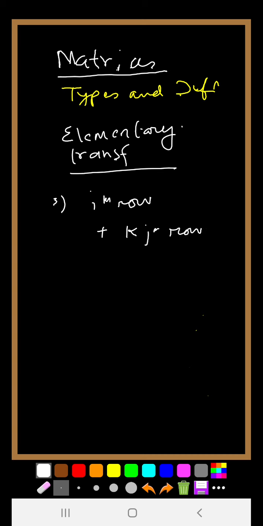Then this is called the row elementary or row transformation.